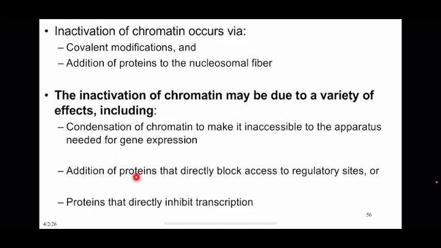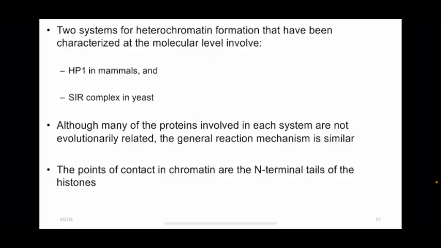Also, addition or recruitment of proteins that will block regulatory sites like the promoter and enhancer regions, and proteins that will directly inhibit transcription, like silencers. I've mentioned that we have HP1 and the Sir complex in yeast, and they are involved in heterochromatin formation.